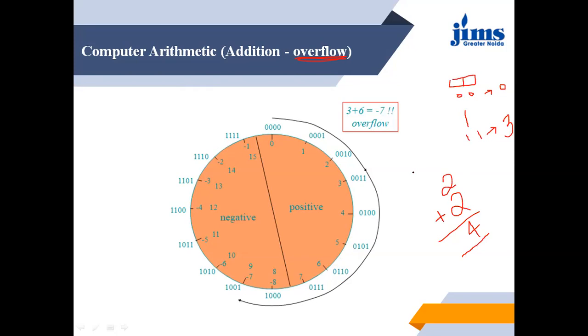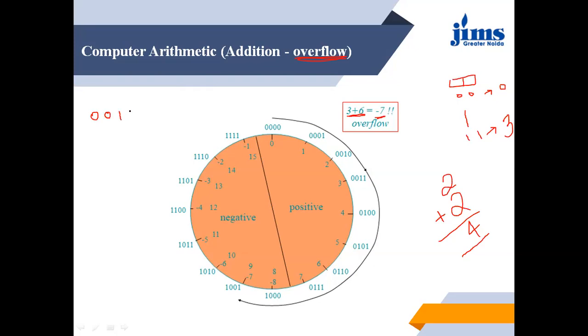From here, we will try to understand how we are getting a negative number after adding two positive numbers. See, the binary equivalent of plus 3 is this: 0 represents that this is a positive number, and then 0, 1, 1.